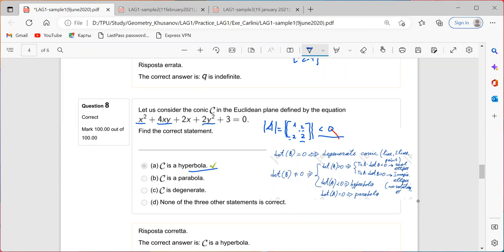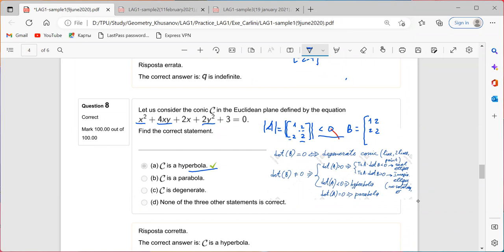To exclude this degenerate case, what can we do? We have to consider our B matrix, which will correspond to all of this left side. So we put the A matrix here: 1, 2, 2, and 2.